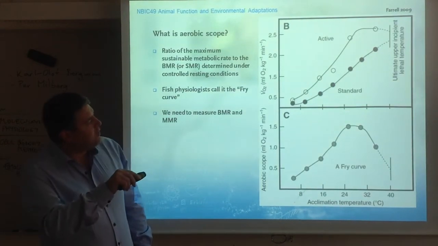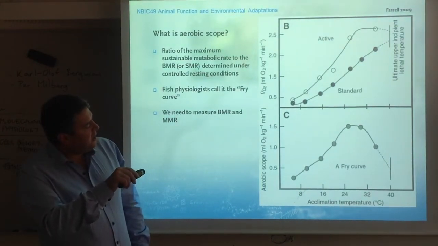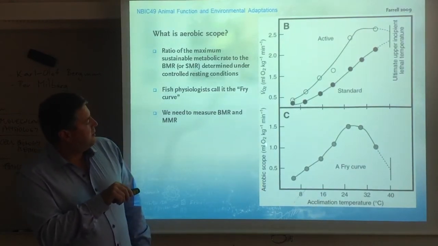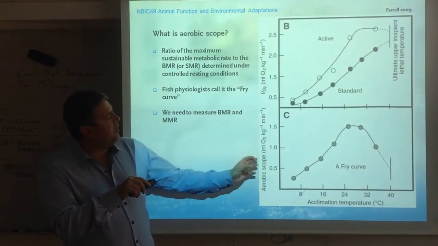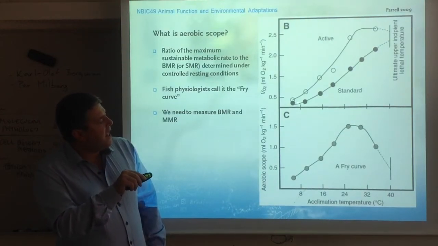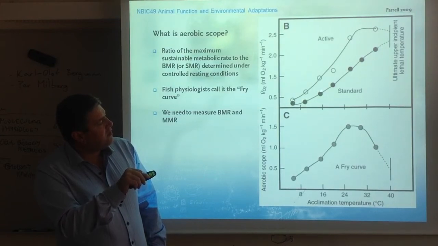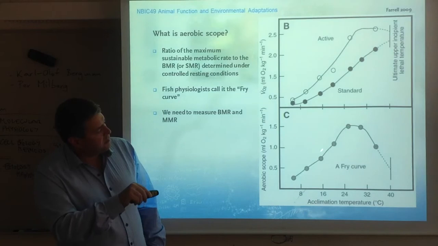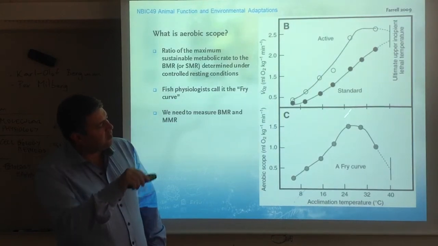And if you notice, the aerobic scope defined in this way increases with temperature. Notice that here it's small, it increases, and here it's maximum, and then it starts decreasing.